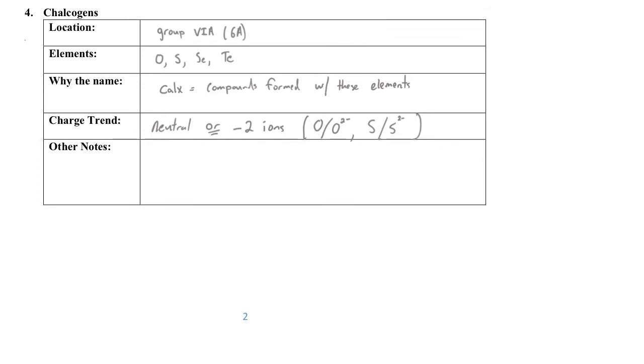So notice that we've switched from having positive charges to now having negative charges. That's a very important thing to observe. So for a chalcogen, you can either be neutral or -2. So for example, oxygen can be neutral oxygen or oxygen with a 2 negative charge. The same goes for sulfur and the other elements in this group.